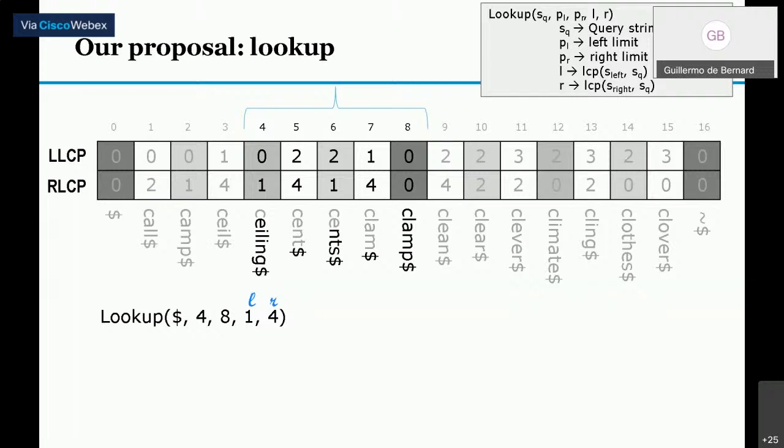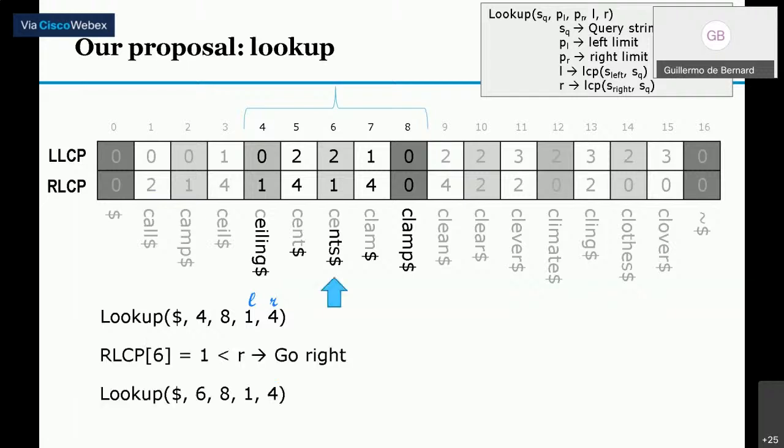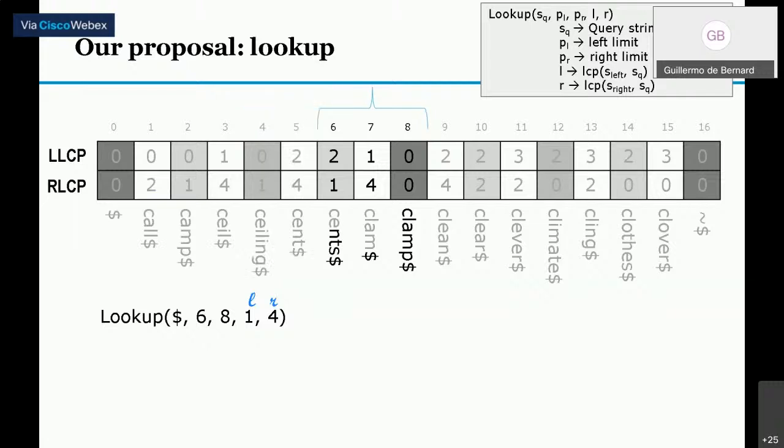We repeat this again at position 6. We find again that the RLCP is lower than our R, so we know we have to go right, and we do not need to actually access the string itself. And finally, at position 7, we find that our RLCP is 4, which is now equal to R, so we have to compare again.